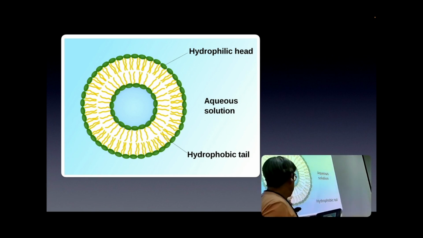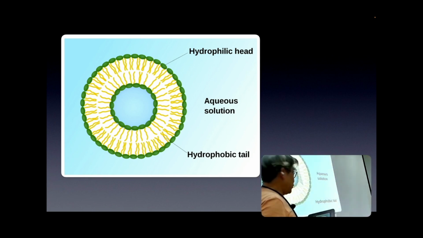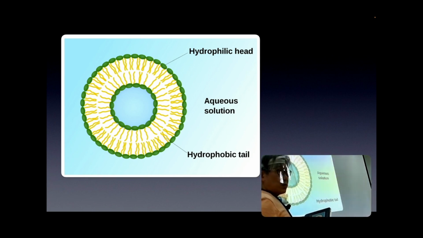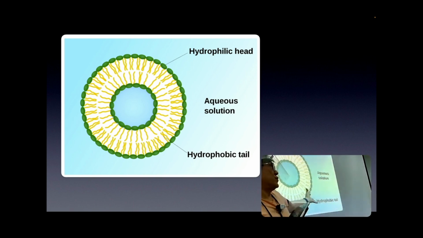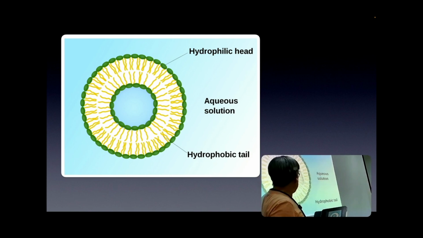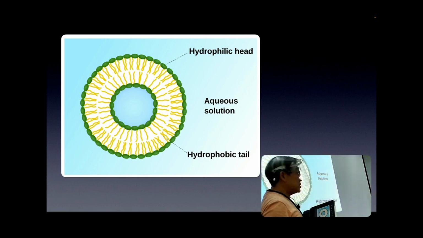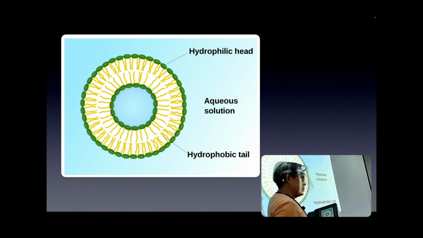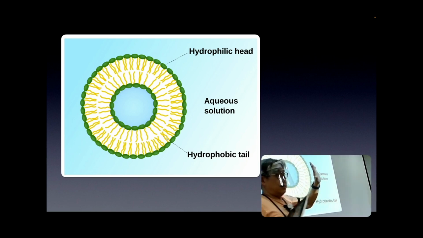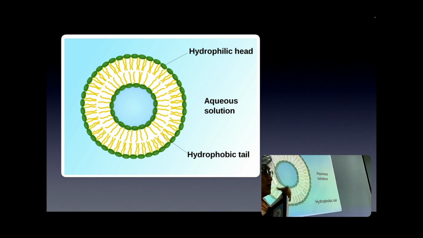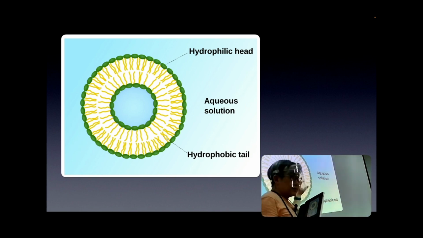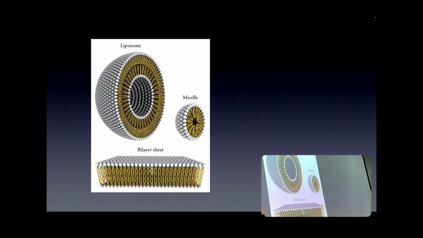Hey guys, you have some problem dealing with the water? No problem, I will do this for you. And inside of a cell is also simply filled with water. That water, I'm going to do this. Hey, it's me, phospholipid. Don't be a stranger. So that's the beauty of this phospholipid.